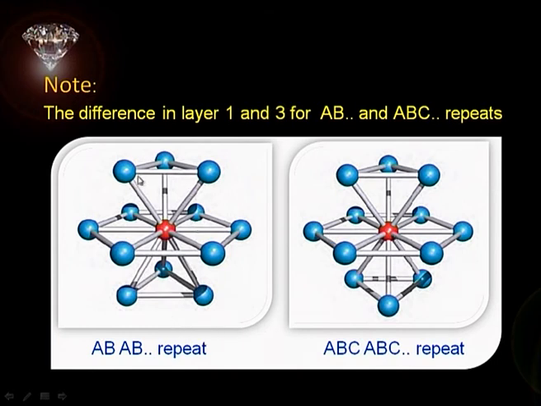But if you look at layer A and layer A here, they are identical, whereas in this case the orientation differs: this is pointing away from you, this is pointing towards you. That is the basic difference, because this is my A layer, this is the C layer. In this case this is A and again A. So, that is the basic difference between the two kinds of packings. So, this is my hexagonal close pack structure.